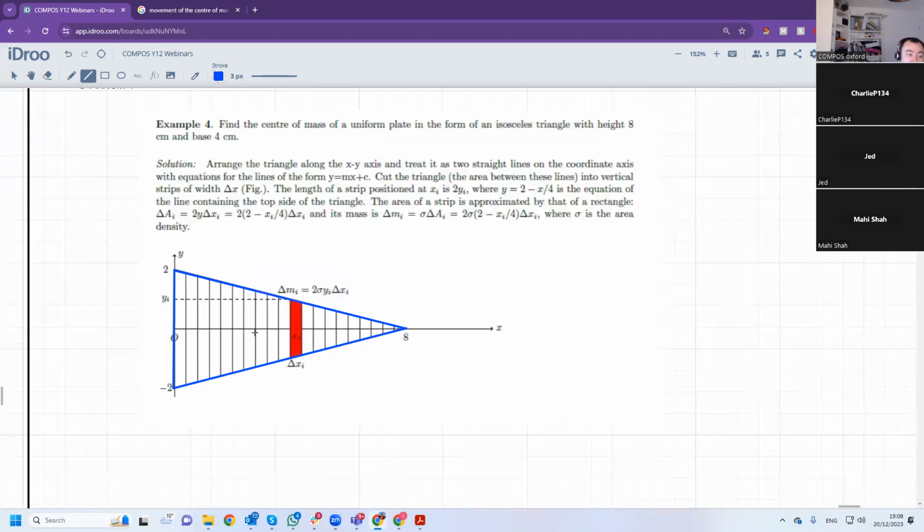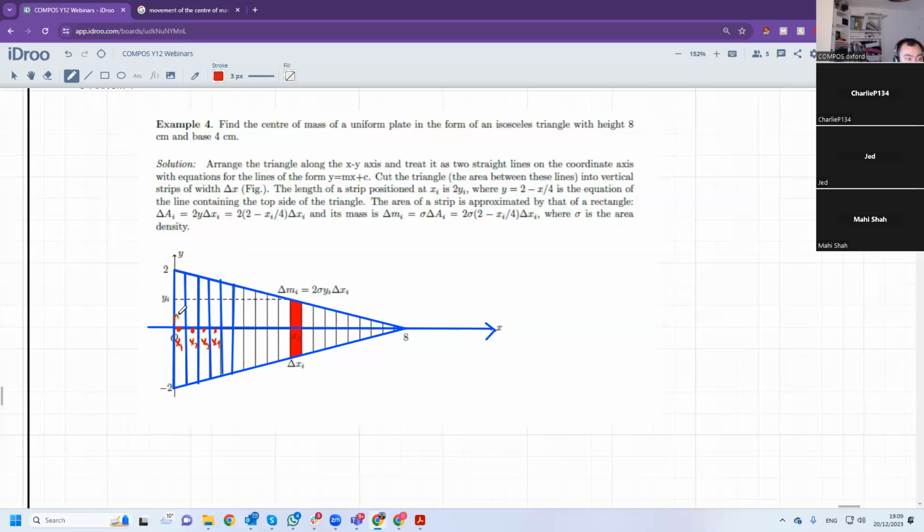So you can think of it as, well, this is the x-axis. I'm going to cut it into slices like this. And for each slice, I'm going to find the center, which is going to be the x coordinate, x1, x2, x3, x4, etc. And I'm going to find the mass.